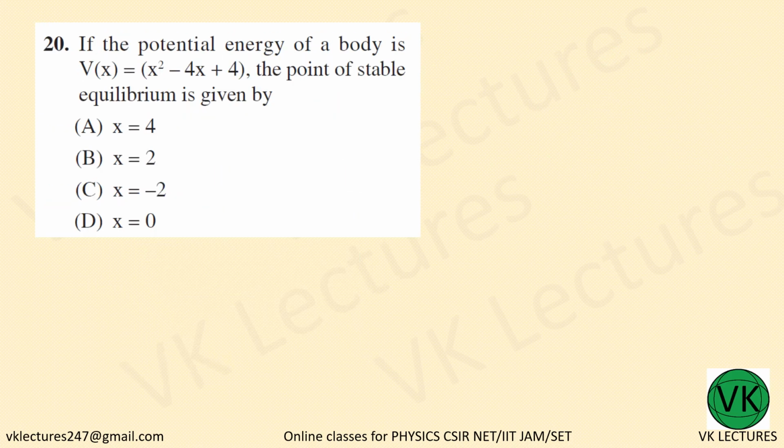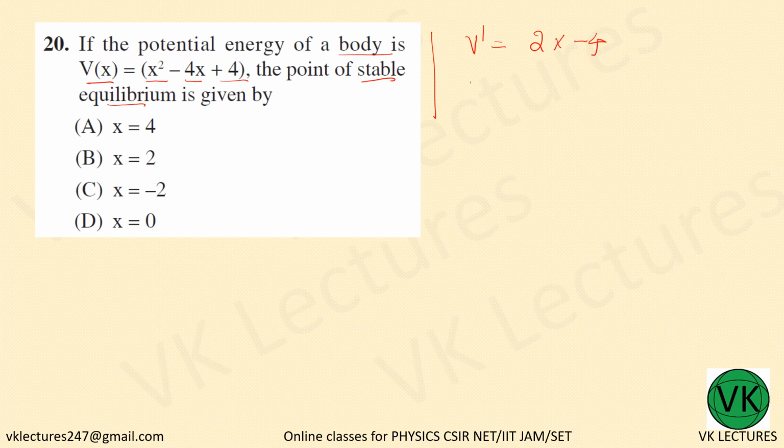If the potential energy of a body is given by V of x equal to x square minus 4x plus 4, find the point of stable equilibrium. Now, how will you find this? You have to find V dash, the first derivative of V with respect to x, which is nothing but 2x minus 4.